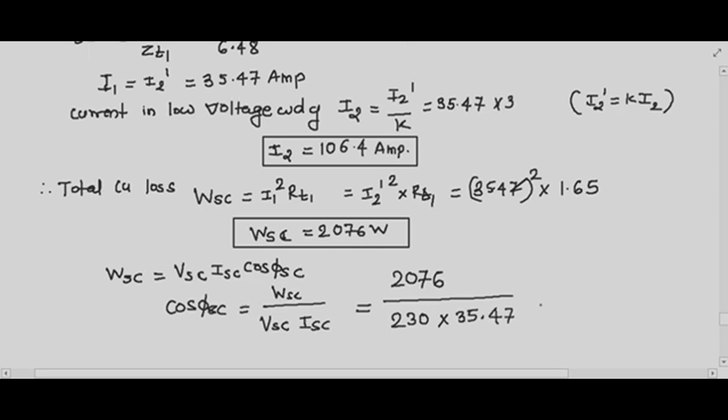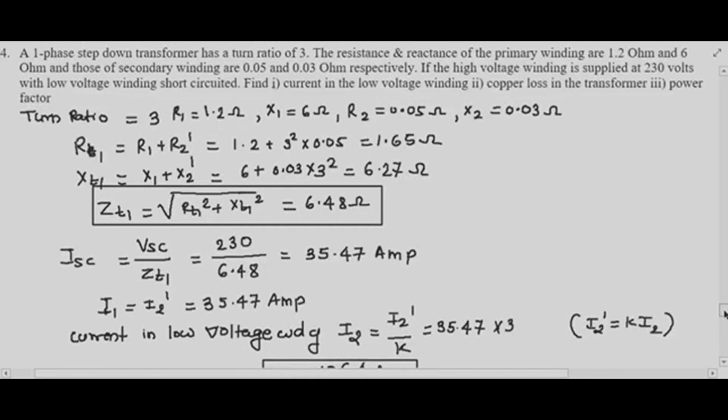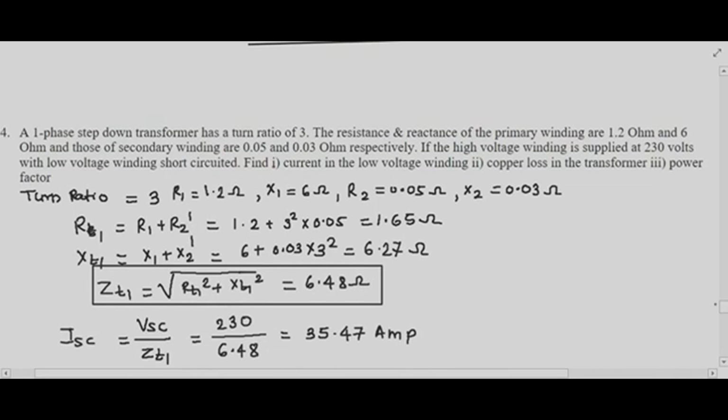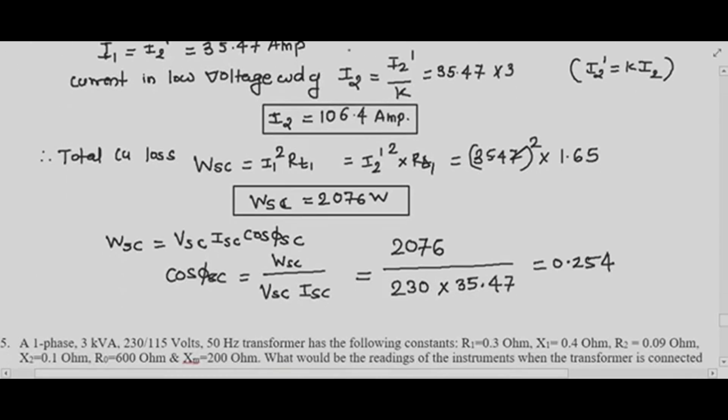So you will get it as 0.254, means my power factor at short circuit condition equals 0.254. This is what was asked in the problem. So we got the power factor. Okay. Now let us move to the next problem.